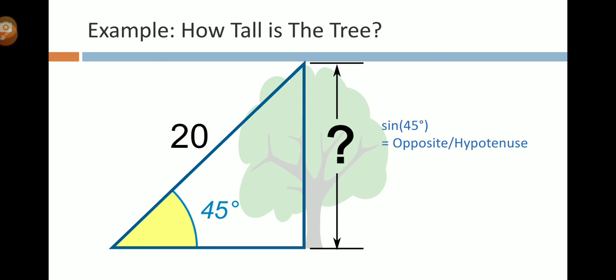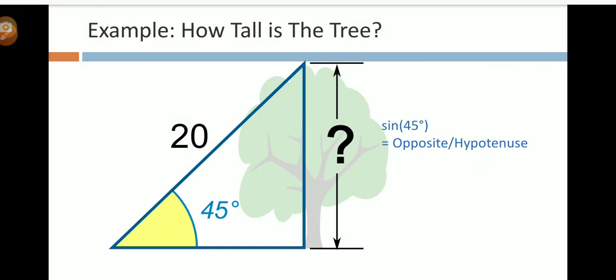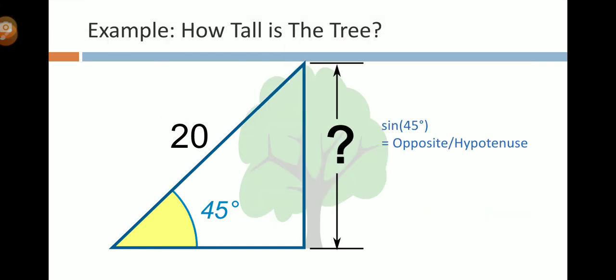Here, sine 45 degrees equals opposite divided by hypotenuse. The hypotenuse is 20, so we easily get the opposite. So we can easily calculate the vertical distance, the height of the tree.